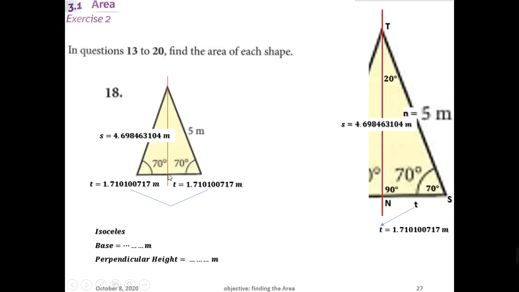So from this point, the middle point, to the end of the base is equal to from the mid of the base to the end of the base. So if you add them, the total base is going to come down to 3.42 meter, and this is correct to 3 significant figures.